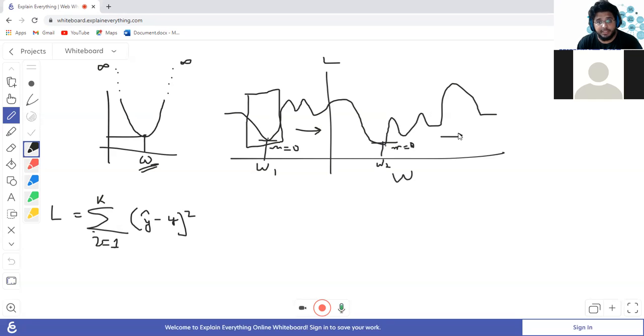Who knows, if you continue in this direction, there can be one more lower minima. We don't know. So there is always a greedy approach that is taken, where some percentage of bias is introduced while finding the minima.